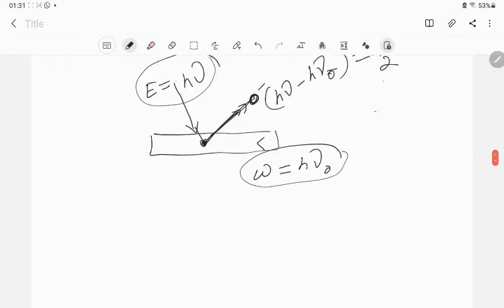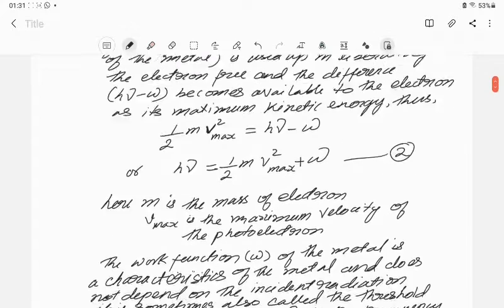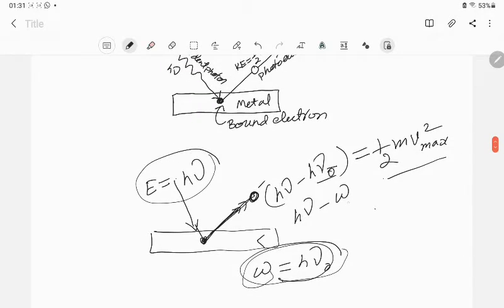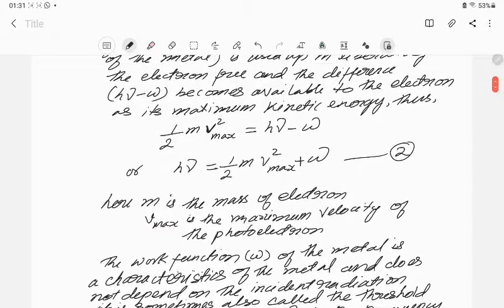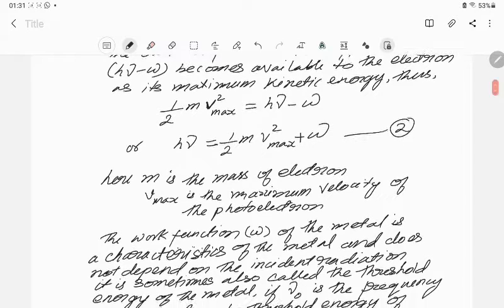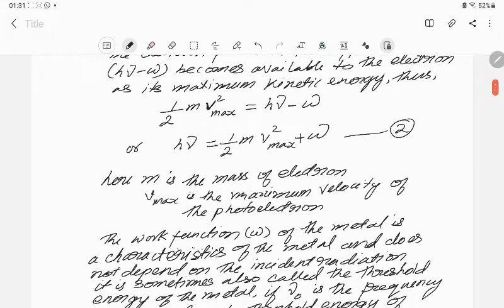Now see, the maximum kinetic energy, half m v square max, is equal to h nu minus h nu naught, or h nu minus omega, since h nu naught is omega. So kinetic energy is equal to h nu minus omega, or h nu equal to half m v square max plus omega.